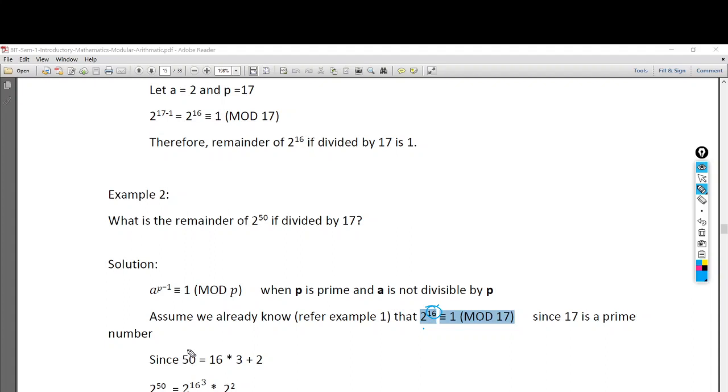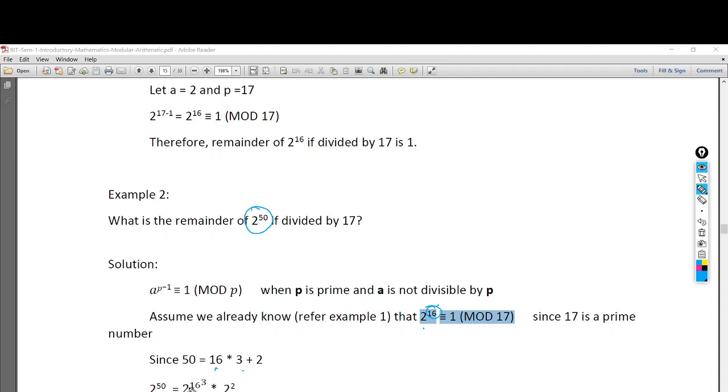So therefore we can write 50 as 16 into 3, then the remainder is you have to add another 2, right? Another 2, so that you can rearrange it again. So now using that we can rearrange 2 to the power 50. What we need is 2 to the power 50.